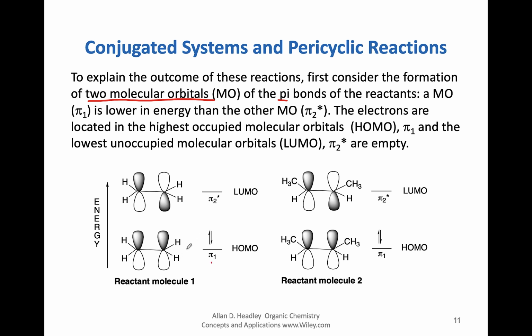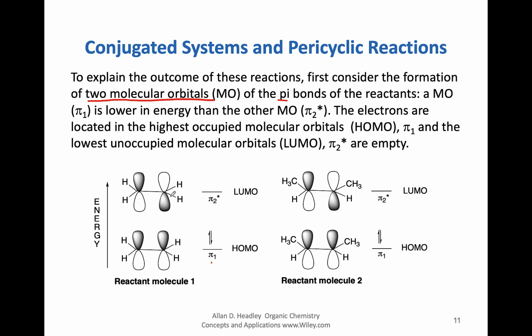But notice these are molecular orbitals. That's where the electrons go in to form bonds. Again, to differentiate between these two, one is lower in energy and the other one is higher in energy. So notice the energy is going in this direction. Anything that's low here is low in energy, and anything that's high here is higher in energy.